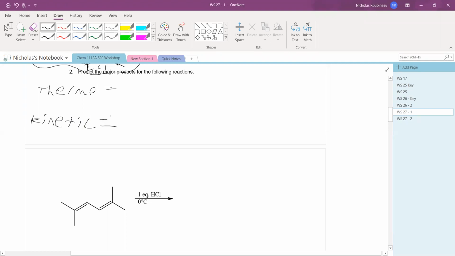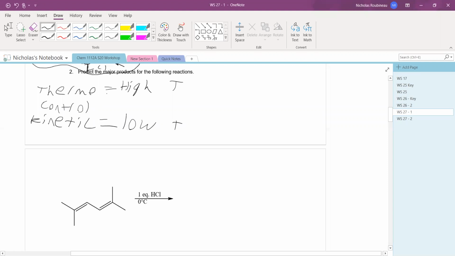So first of all, when is something under thermodynamic control? High temperature, low. High, yes. Then it has more energy, and thermodynamics has to do with energy. And kinetics is low temperature. These are both control.